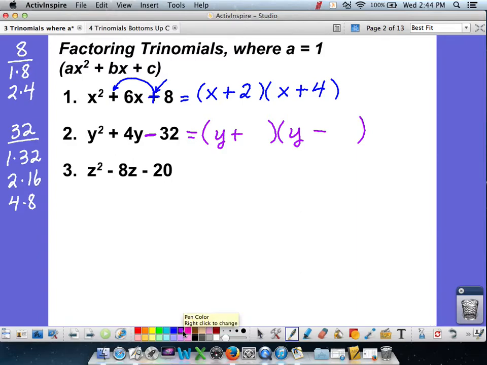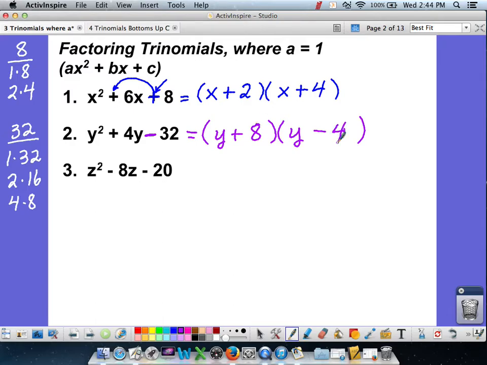So I'm looking which one of those subtract and give me 4. Well, it's right here, 4 times 8. Now, the signs are different, so I have to be careful. I want that difference to be a positive 4. Since I want it to be a positive 4, my larger number 8 must get that sign. And then 4 is the negative.